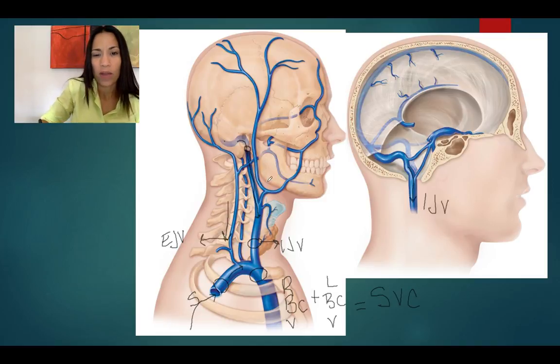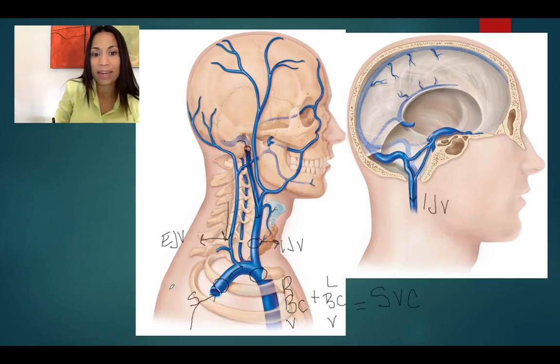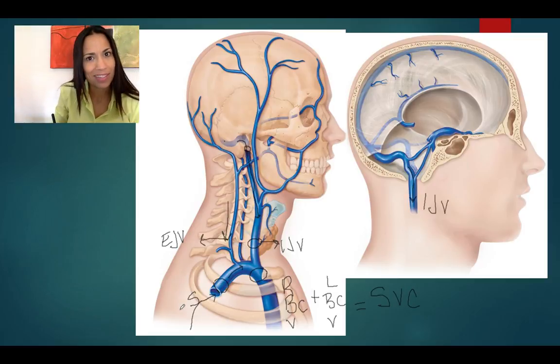Now, we described how the head and neck is drained, a very superficial overview. Now, let's see how the deoxygenated blood from the upper limbs is collected and emptied right here into the subclavian vein. That's what's next. See you.